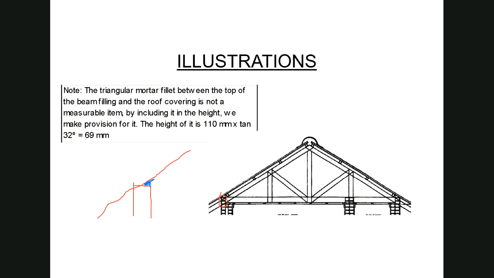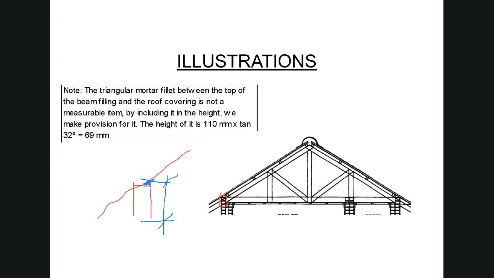Now, in this case, it is specifically stated in the standard system that this is not a measurable item. So to compensate the contractor for the measure, we are going to measure the height on the inside of the beam filling.